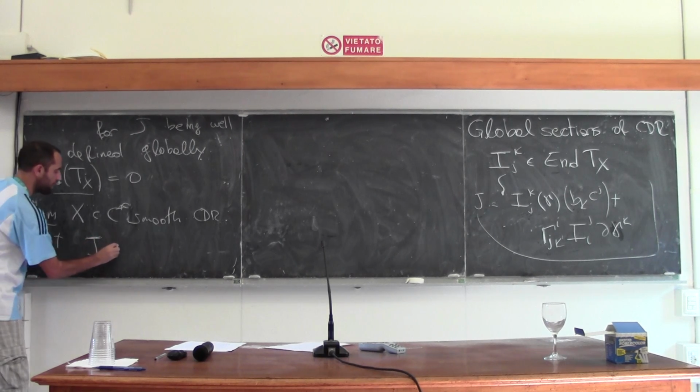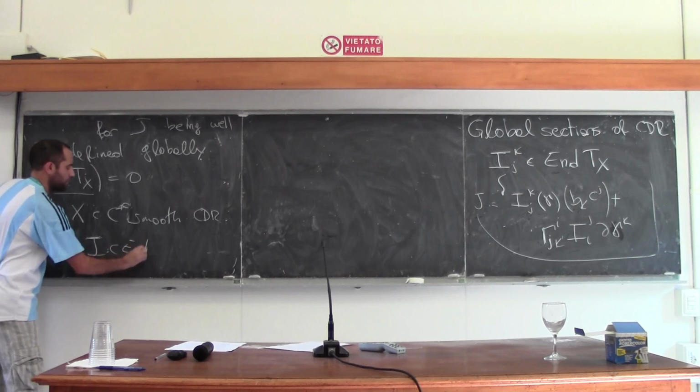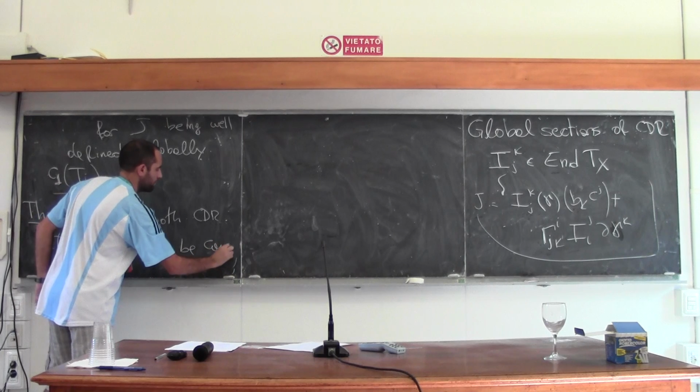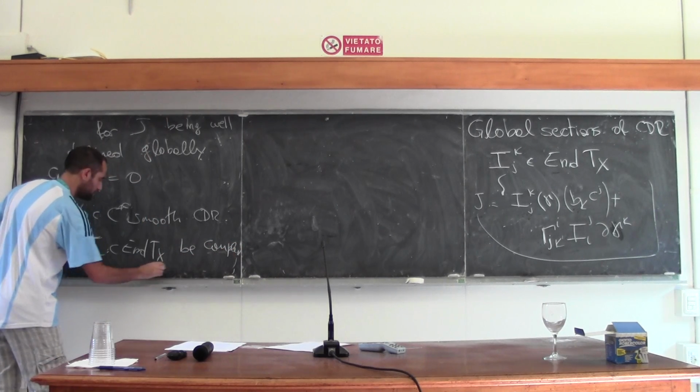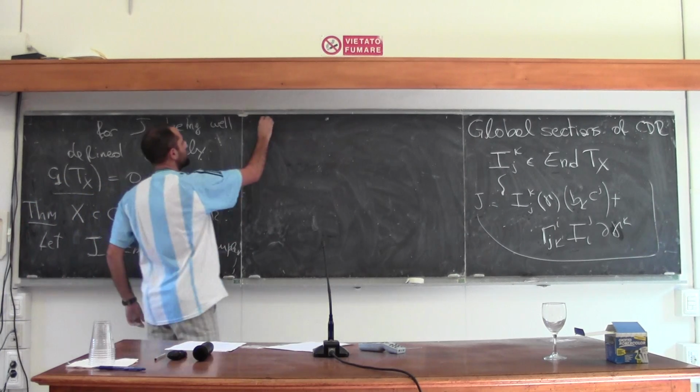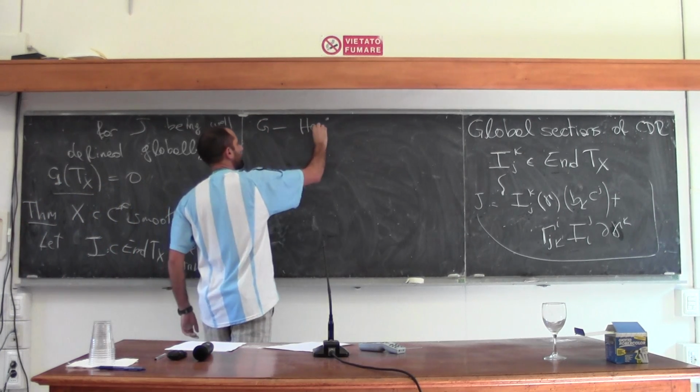Let I be a complex structure. Let G be a Hermitian metric.